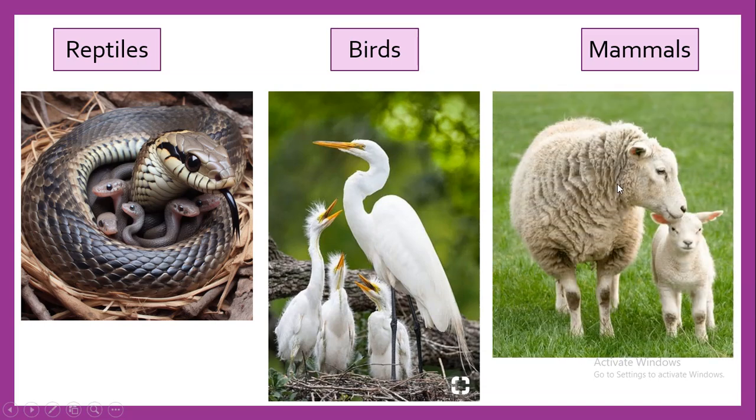Mammals too, look at this sheep and its baby. They have the same features and the same body parts. So they have offspring or babies that look like their parents.